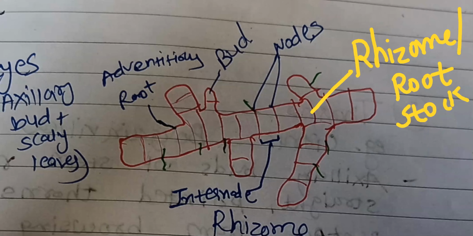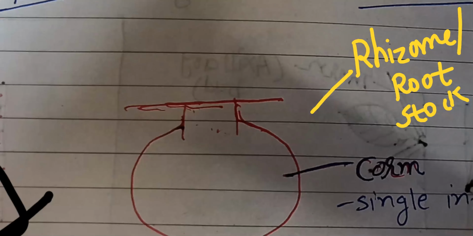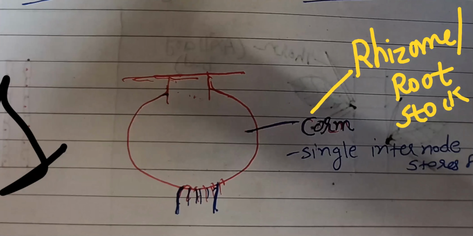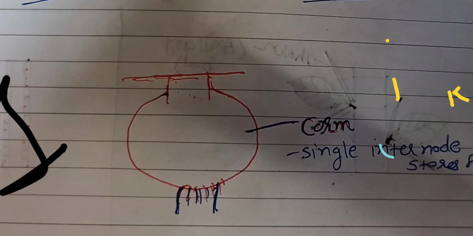Can you tell me, for potato, which special name is given? Correct, tuber. Next, for ginger, which special name is given?